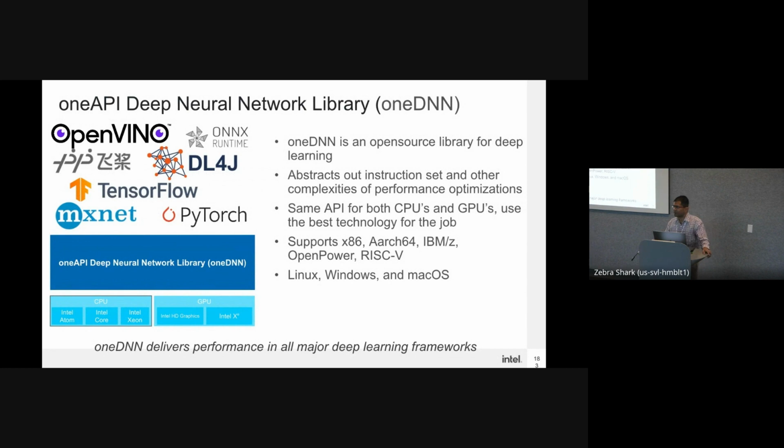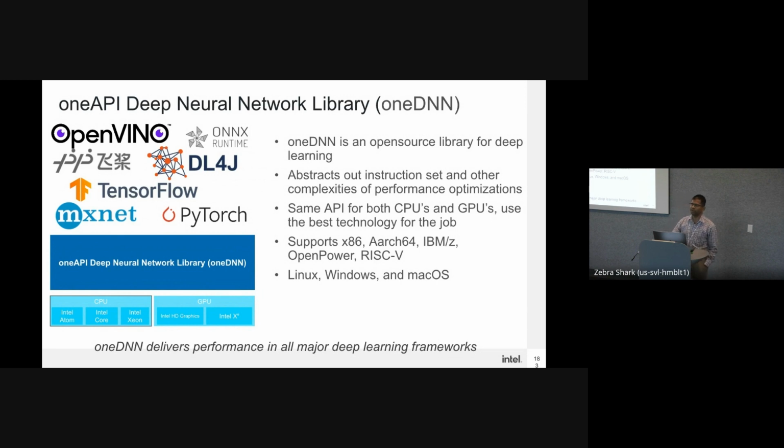With so many deep learning frameworks and many kinds of hardware architectures, it is a really complex engineering task to optimize for all the deep learning frameworks. So oneDNN is an open source library that hides this complexity of the hardware architectures by giving a few abstractions and some APIs.